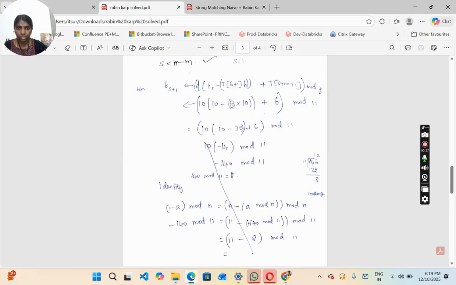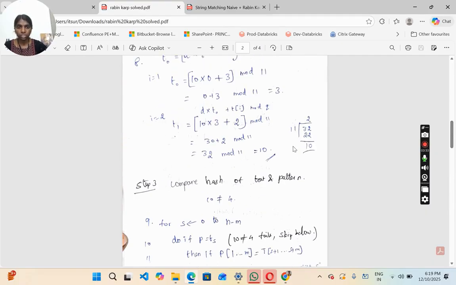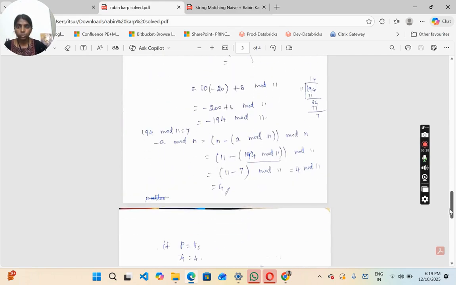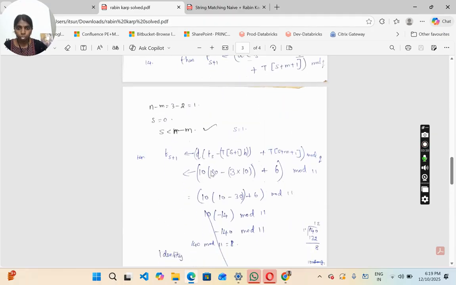So we need to minus this 3 into 10, and the first window, what T we got, 10, for 32. So the current value 32 minus the pattern hash, 10, minus 3 into 10 into our digit.